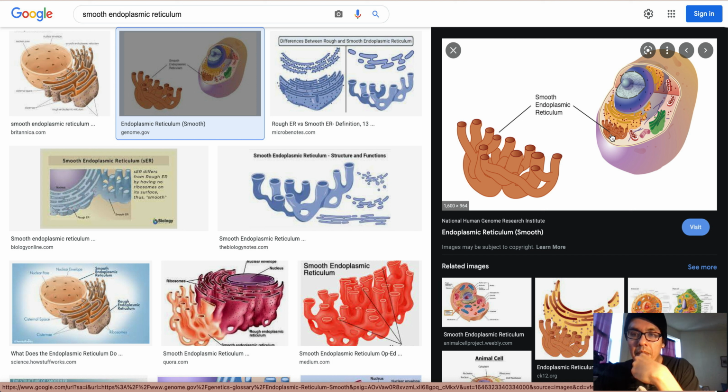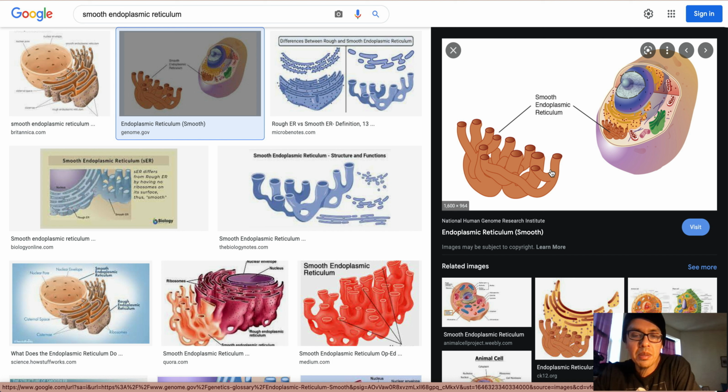And gluconeogenesis and other processes that involve sugars and fats. The smooth endoplasmic reticulum also looks different, more like this coral-like structure, and fats are synthesized through various processes in here.